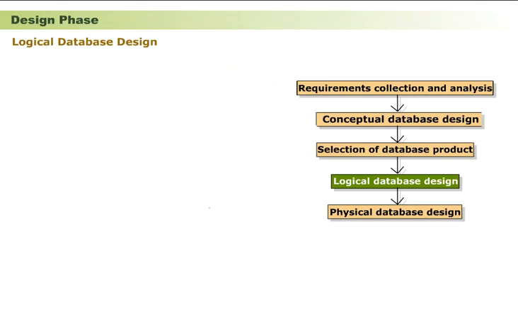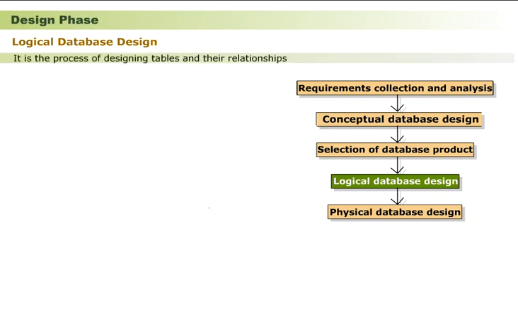Logical database design. The logical database design is the process of designing tables and their relationships. This database design is free of any DBMS product and could be easily implemented on any selected database product in a later stage of design.